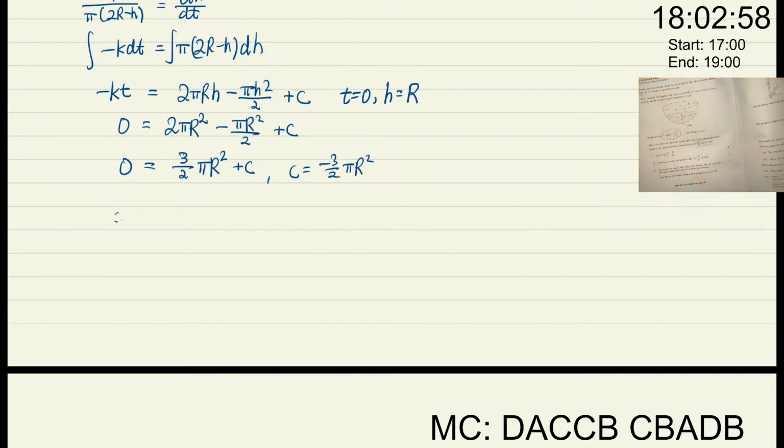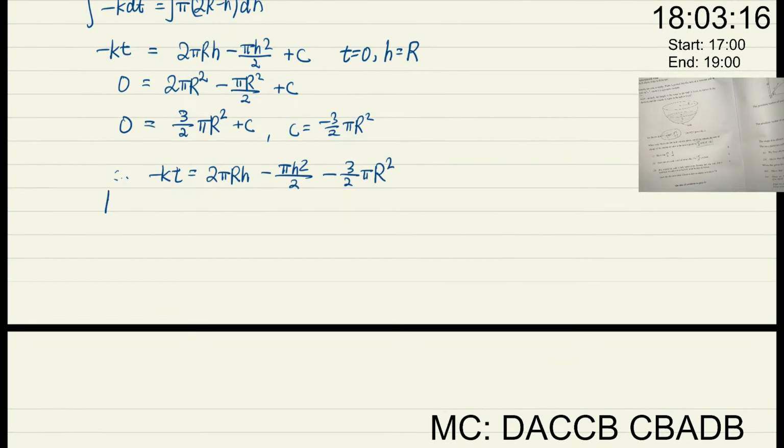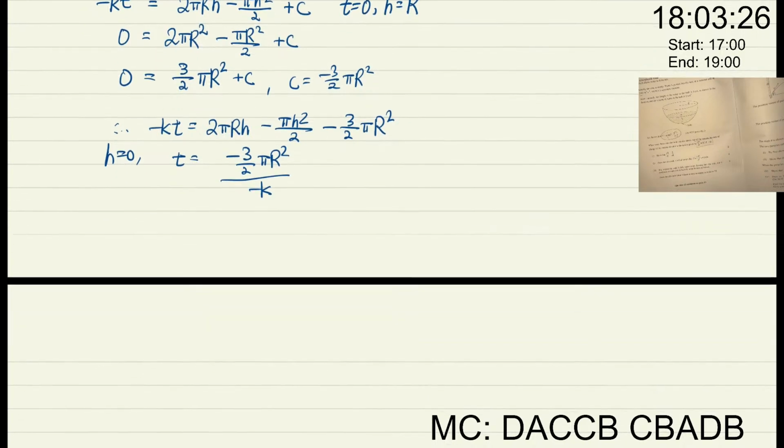And we got minus kt equals all this stuff minus 3 on 2 pi R squared. Now we want h equals 0 to find t. So those terms all disappeared, and we got minus 3 on 2 pi R squared over minus k, and that is 3 pi R squared over 2k.